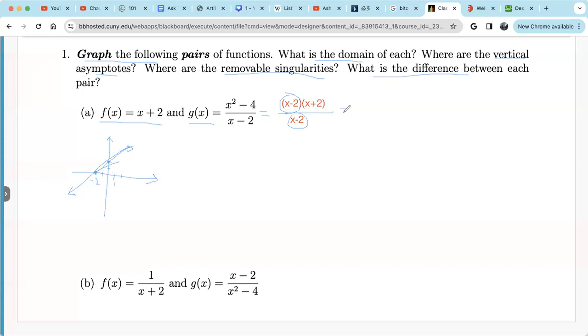That becomes 1. Right? Because x minus 2 divides x minus 2. That's just 1. So now this is simplified to be x plus 2. And then this equals f of x, isn't it? After the simplification, f of x is x plus 2.